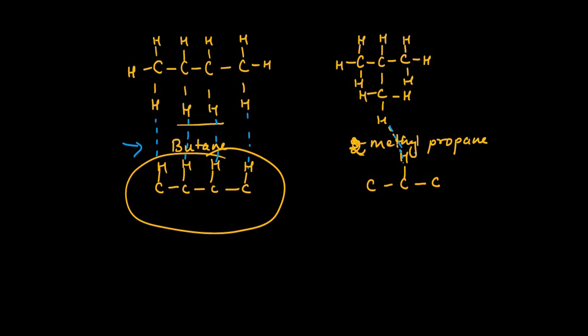So here only a few hydrogens will be closer to each other, so the contact points are less, and so the van der Waals force between the molecules of 2-methyl propane will be lesser compared to the van der Waals force present between the two molecules of butane.